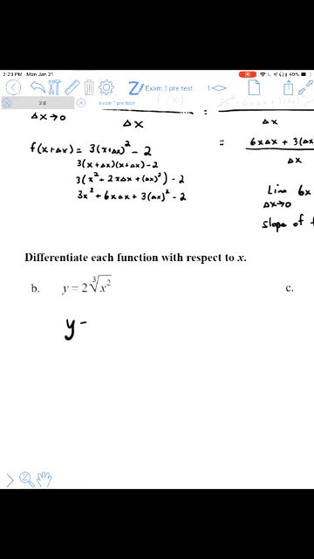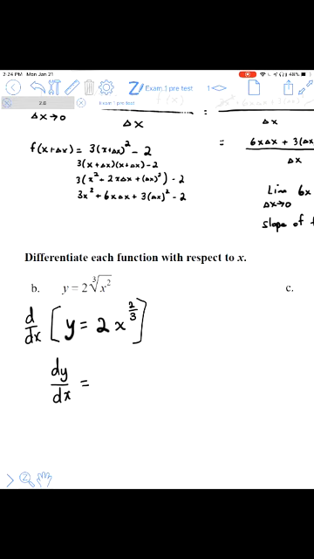But what needs to happen first is a quick rewrite. You don't want to take a derivative if you have an expression or a function in radical notation. You always want to make sure you have rational exponents. So taking the derivative now of this with respect to x is a dy dx.